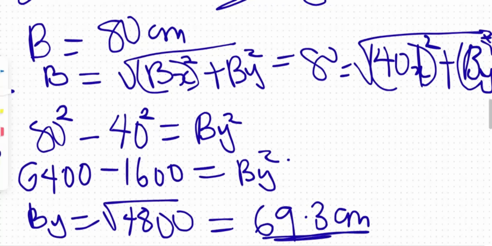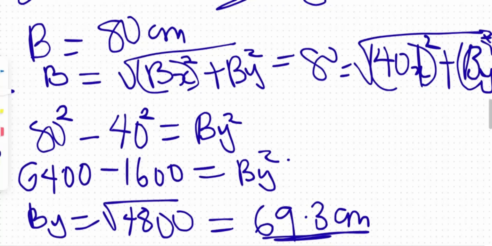So for the ant to get to 80 centimeter, it has to move 69.3 centimeters north and also move 40 centimeters east for it to have a total of 80 centimeter. That is what it is saying.